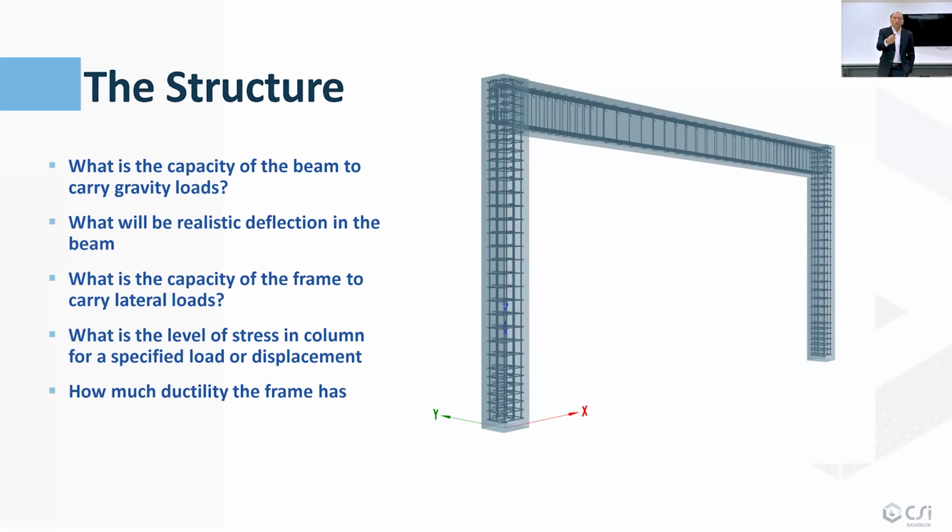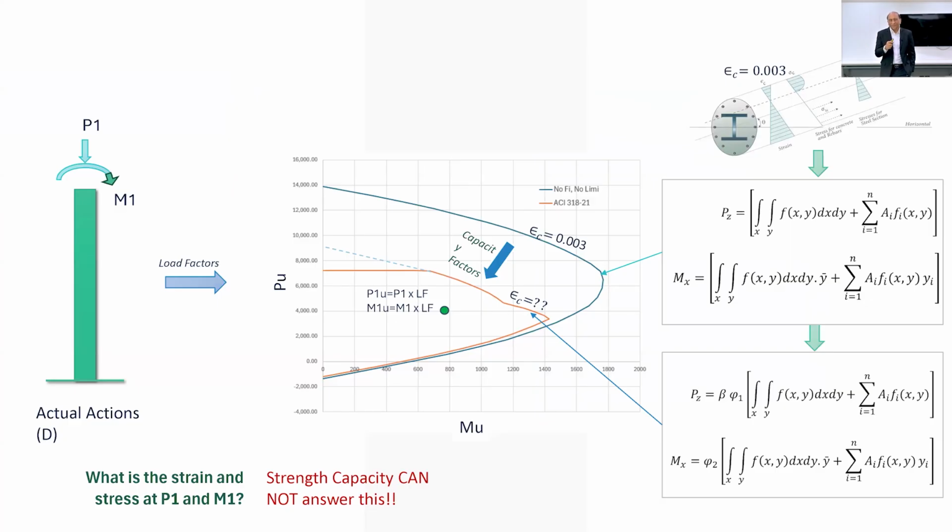So if we want to answer all these questions for this frame, then we have to go beyond the capacity calculations. The reason is very clear. If you look at the column that I take out from that frame, and you calculate the actual load on the column, P1 and M1, let's say, and then we bring that load onto the design side, we have to multiply them by some load factors, LF, to get P1U and M1U.